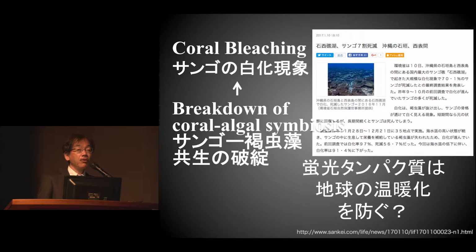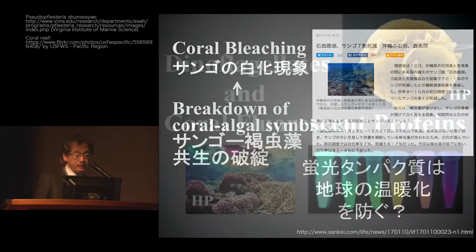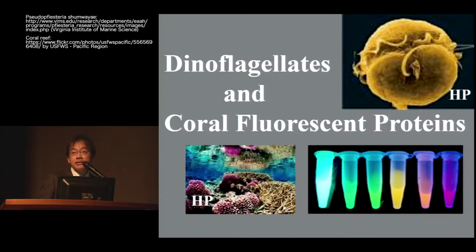And coral bleaching should involve the dissociation of coral-algal symbiosis. The bottom line is the coral-derived fluorescent proteins have some connection with dinoflagellate. Okay. So from now on, I'd like to discuss some unique features found in coral-derived fluorescent proteins.